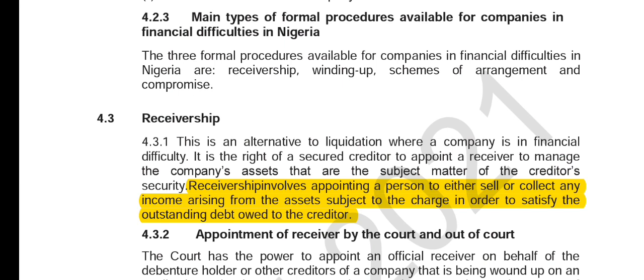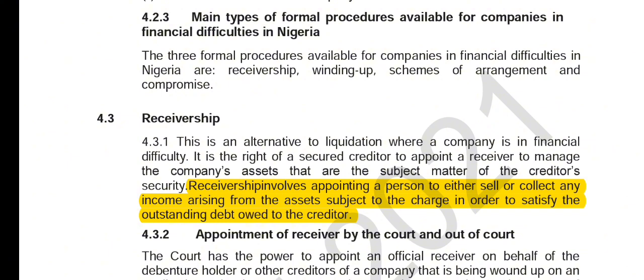Now let's look at receivership in a nutshell. Receivership, according to what the study pack says, is an alternative to liquidation, where a company is in financial difficulty. It is the right of the secured creditor to appoint a receiver to manage the company's assets that are the subject matter of the creditor's security.